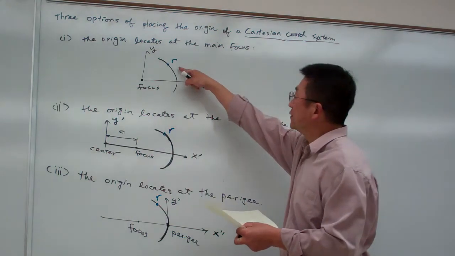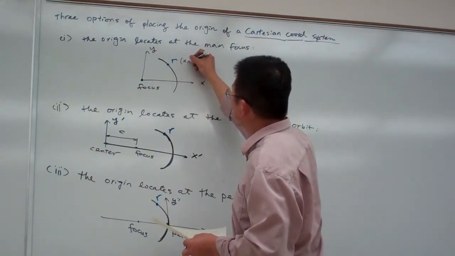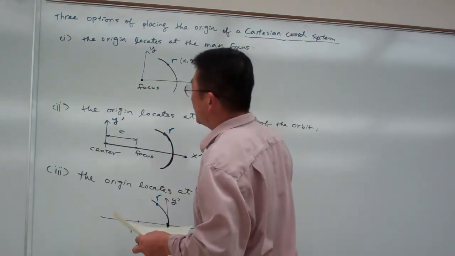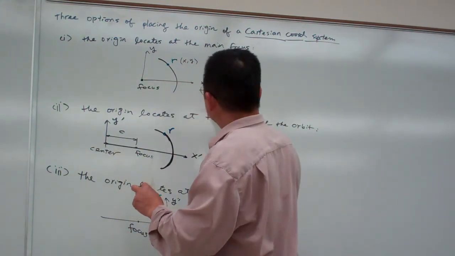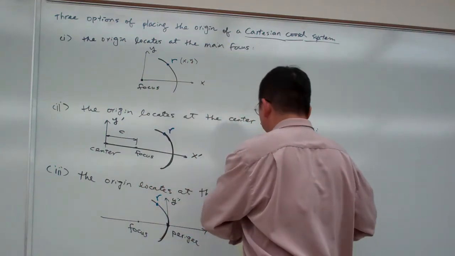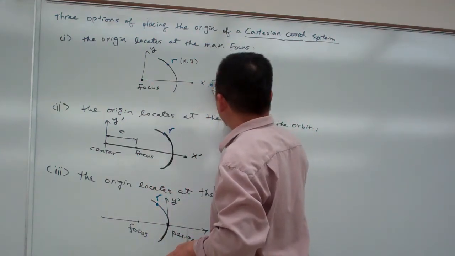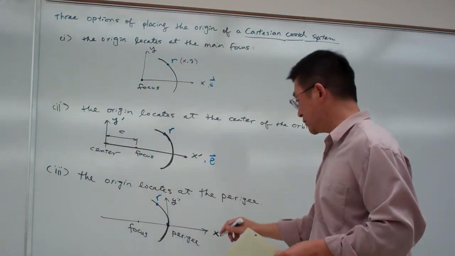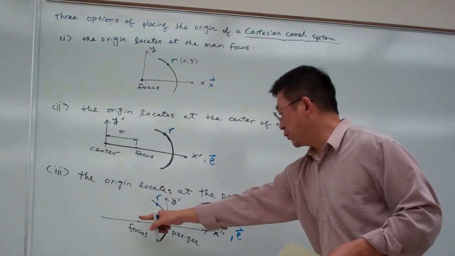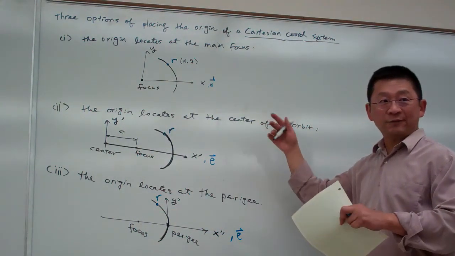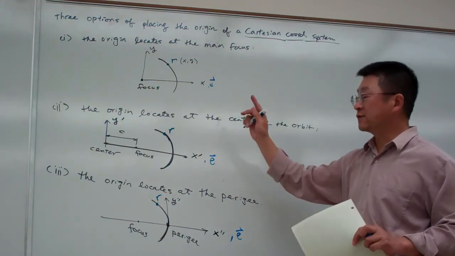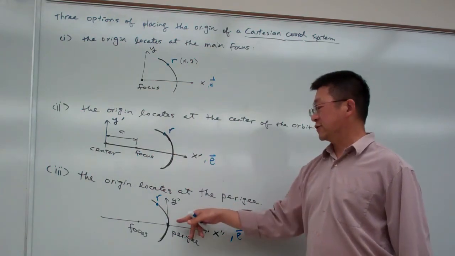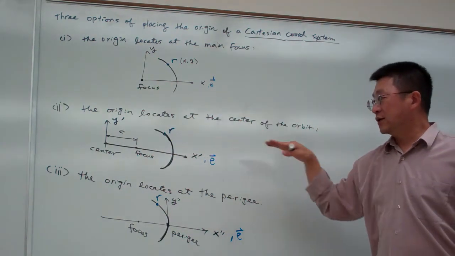So for this one, say here R has the coordinate x and y, and then this is the vector E. The vector E is also pointing in that direction, so they are the same. Okay, the vector E is the vector connecting the focus to the perigee. So basically, they align to the horizontal axis.